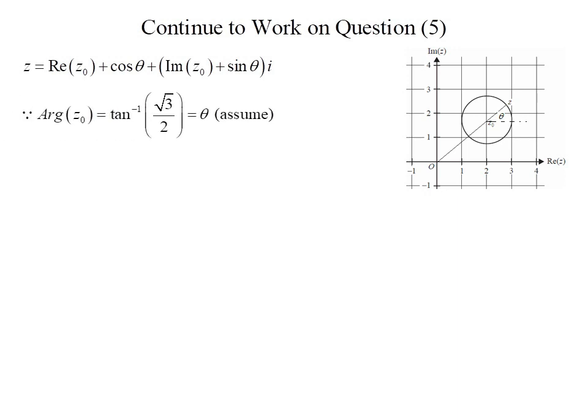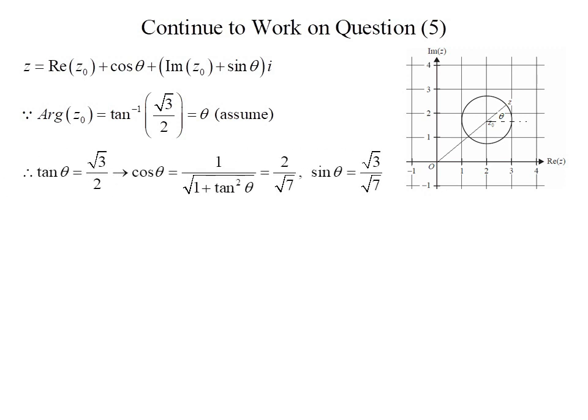Since the argument of z0, which is theta in this case, equals arctangent of square root 3 over 2, tangent theta equals square root 3 over 2, and based on the trigonometric identity relations, the values of cosine theta and sine theta can also be calculated. They are 2 over square root 7 and square root 3 over square root 7, respectively.